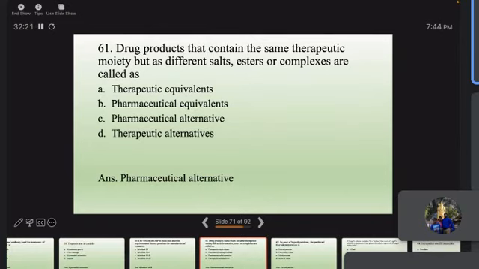For example, we are all aware of lidocaine patches, right? It is used for pain.